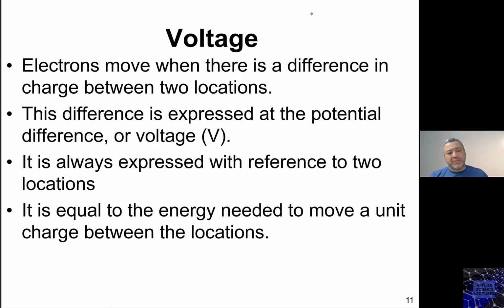The one that is responsible for pushing those charges to go into that circuit is the voltage. The voltage is the one that pushes the charges to flow in that circuit. The unit for the voltage is volts, which is defined also by joules per coulomb.